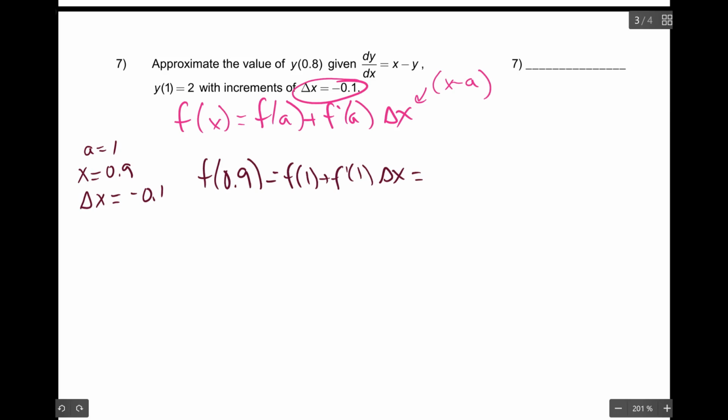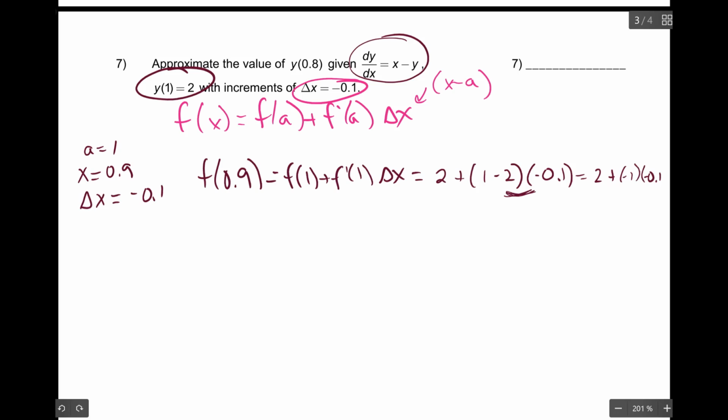The value at 1 we know is 2, plus the derivative x minus y, so 1 minus 2, times our increment, negative 0.1. These two negatives cancel out, because 1 minus 2 is negative 1, times negative 0.1. So we have 2 plus negative 1 times negative 0.1, which equals 2.1.